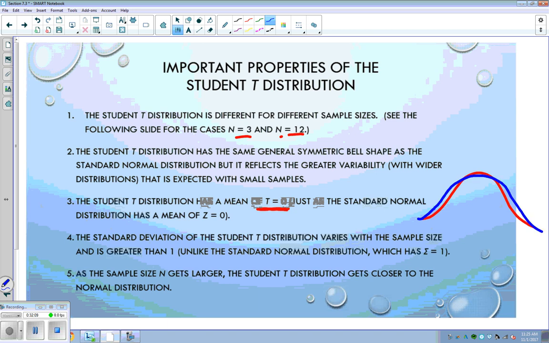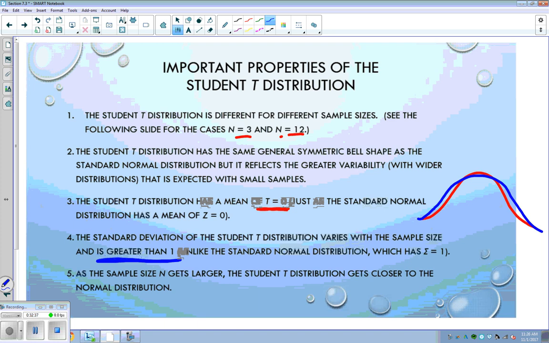That could be kind of the difference depending upon the n. It's going to be wider, it's going to be broader, right? Because it's going to be wider and broader, it will have a standard deviation greater than 1. The more the n, the higher the n, the closer it's going to get to the standard deviation of 1. Okay?